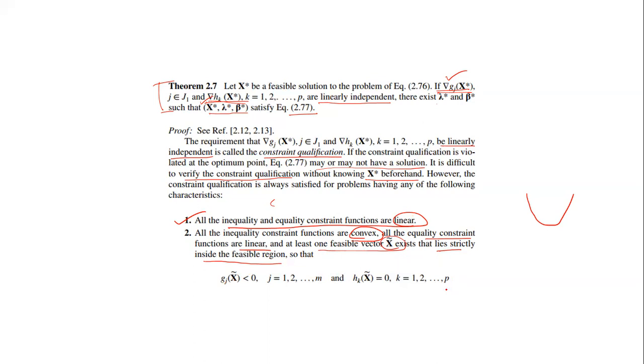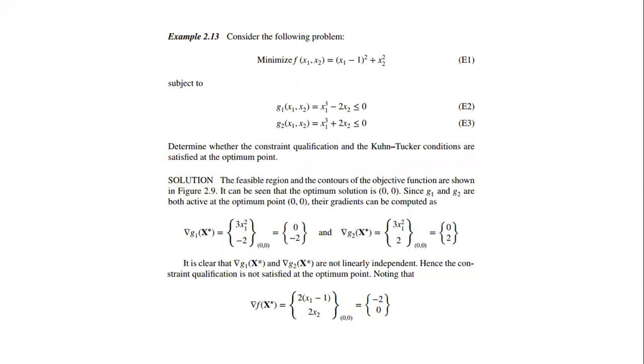So this theorem is slightly difficult to apply because you should have solved for the stationary point before applying the theorem. This is inherent, you have to solve it. So example 2.13, it's a minimization problem. Two constraints are given.